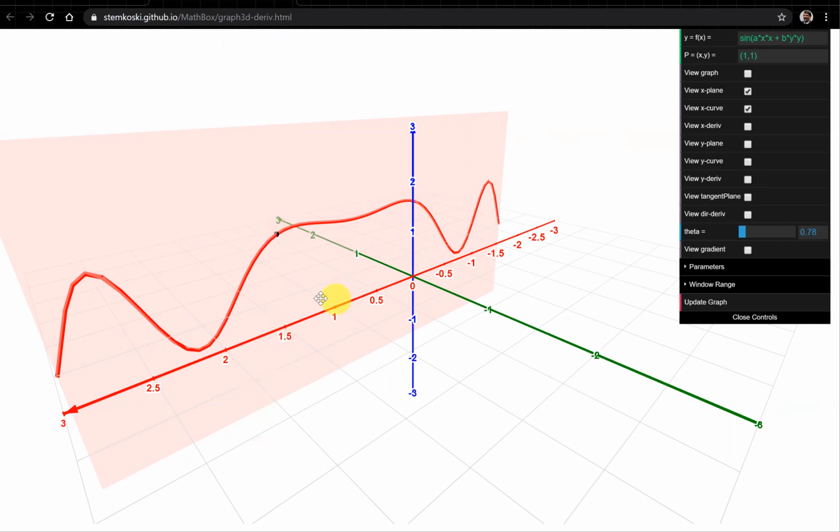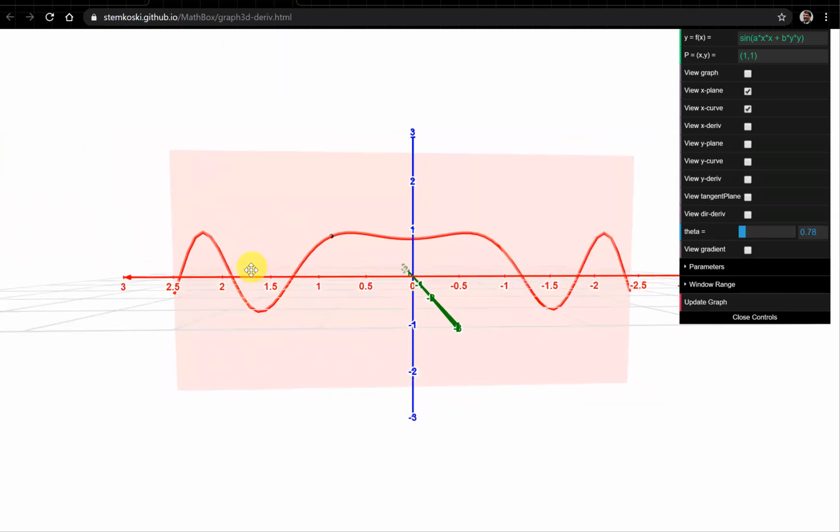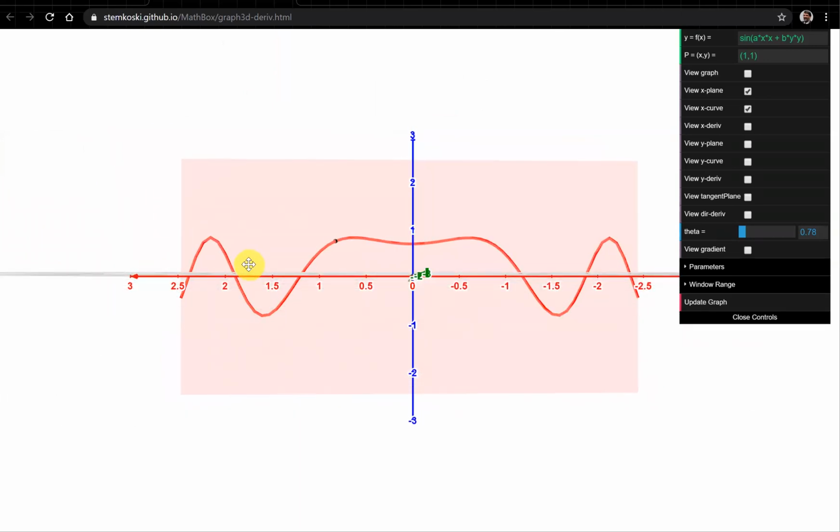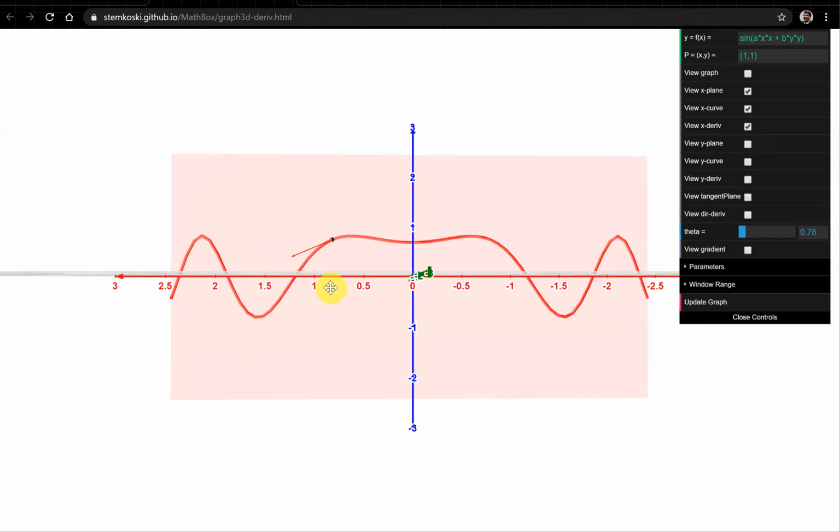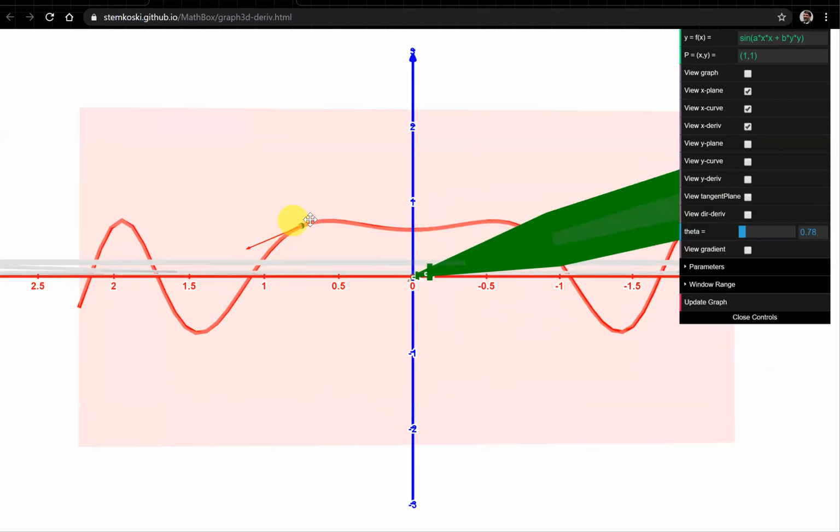Now, if we think of this as a calculus 1 problem, let's look kind of straight along the y-axis here. We could calculate the slope of this curve at this point. That's just kind of a calculus 1 style problem. And what we'll get is here's part of the tangent line right here.